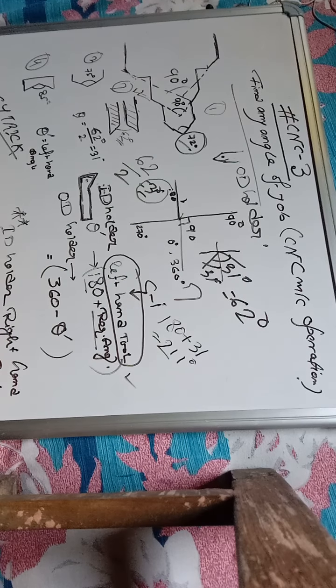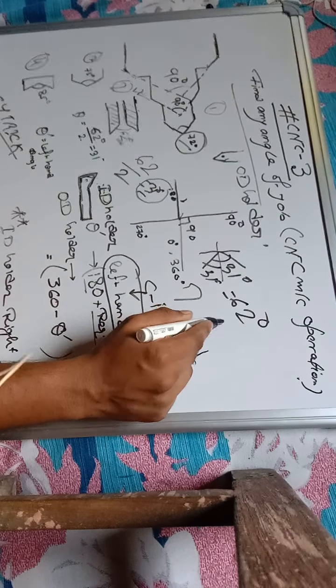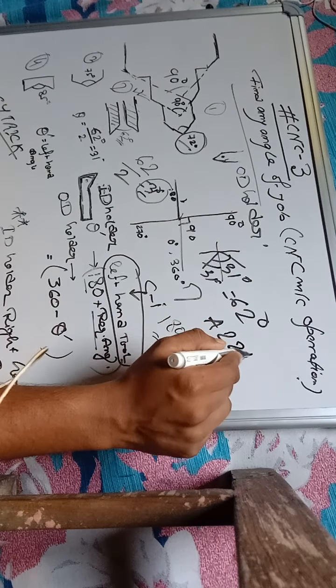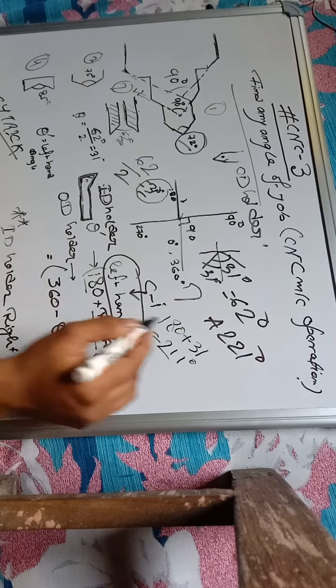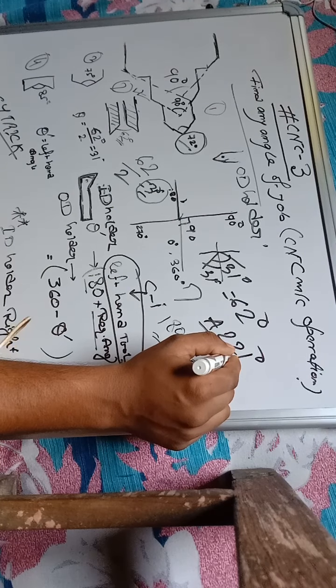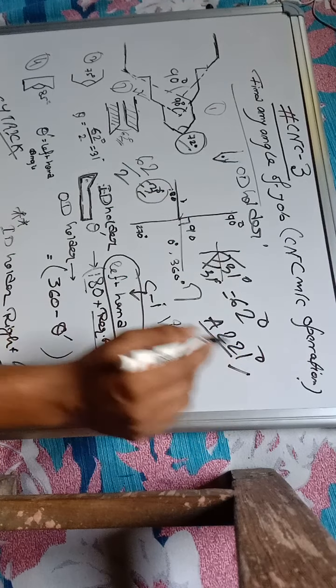So you simply go to the program chart and put the value of 211 degree. That will be done by the ID holder, which is left hand.